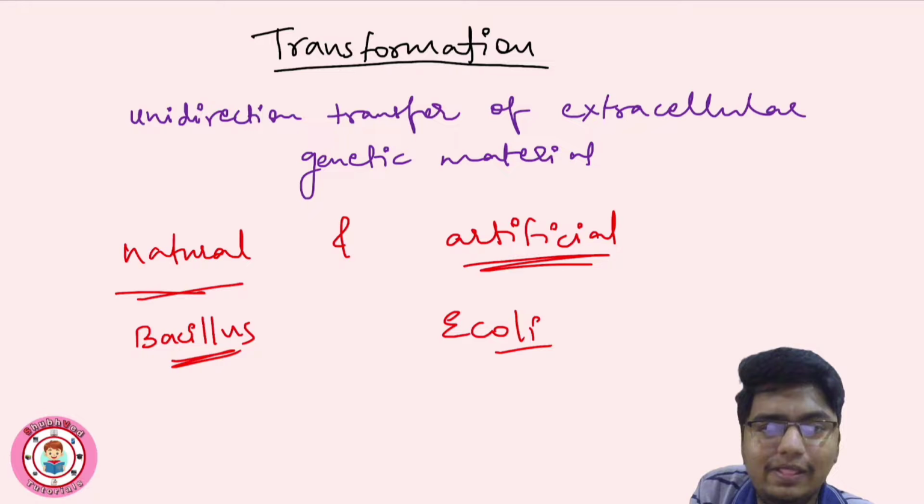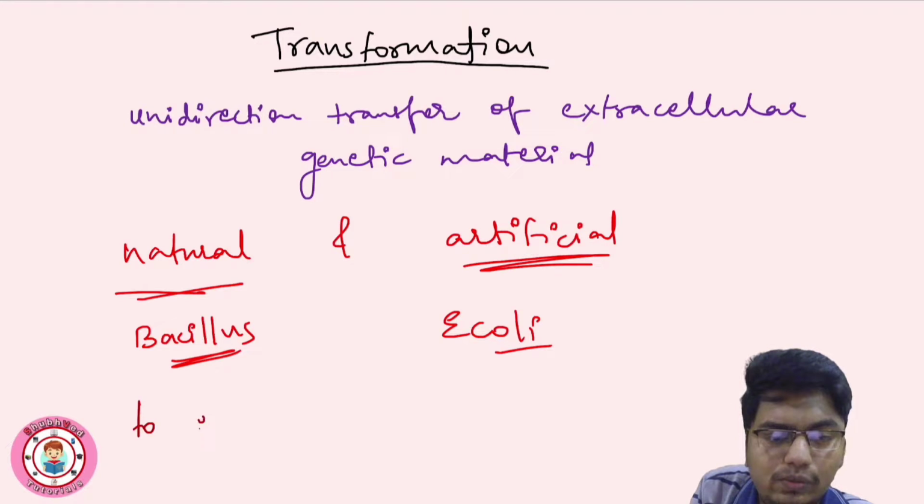To enhance the efficiency of transformation, cells are treated with different chemicals, or electroporation. Mostly electroporation is used to enhance the efficiency of transformation.